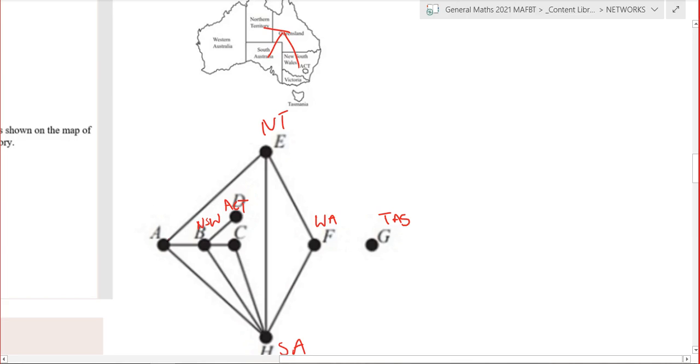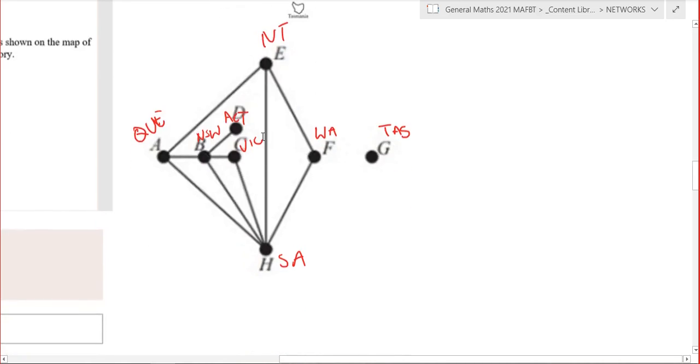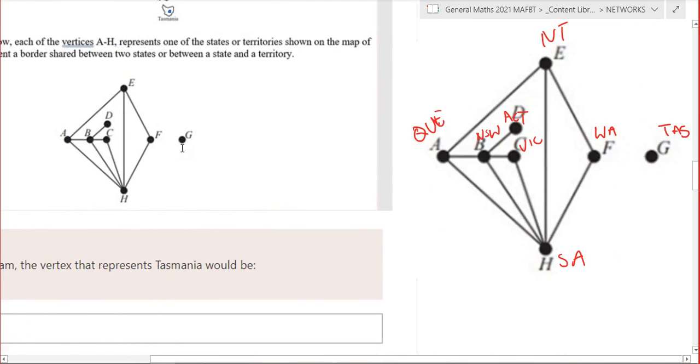This vertex here has 3, so this should technically be Queensland. And this one, C, will be Victoria, because if you look at Victoria, there are only 2 connections that go to Victoria. That will help you understand how to do the next few questions.